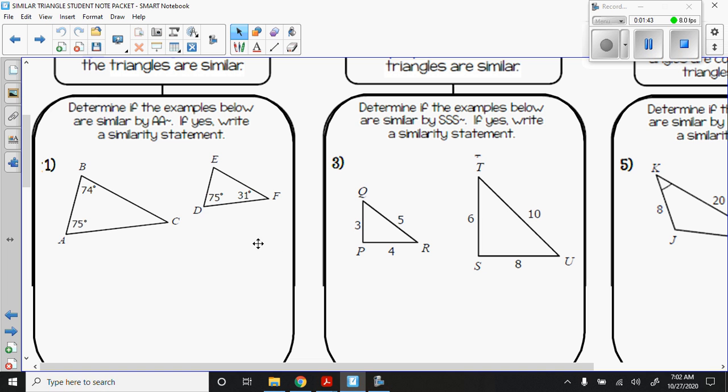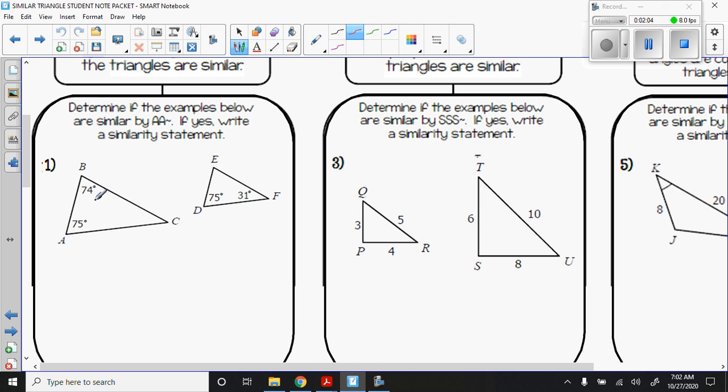So it only gives me two angles, and right now I can tell that the two angles are not the same, but you definitely want to go ahead and find that third angle in each triangle just to make sure. They do both have a 75. So how can you find that third angle? You always have to remember that these will add up to 180.